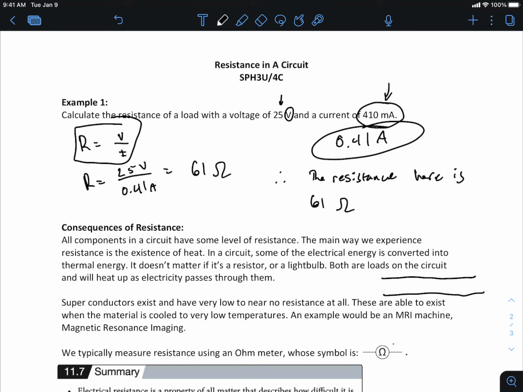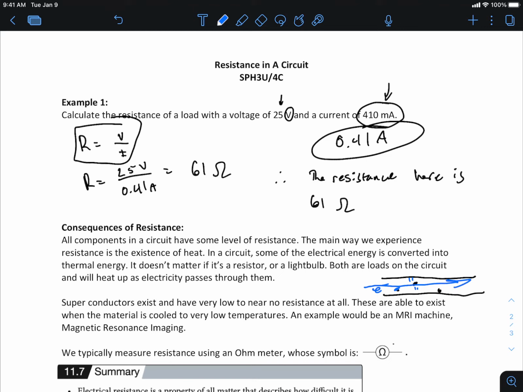You have to think, every time there's a collision between an atom and an electron, collisions are going to give off heat, right? So if we can cool the material that we're going to run electricity through, it's going to slow the vibrations of the atoms down and increase the cross-sectional area that an electron can flow through without coming in contact with an atom.